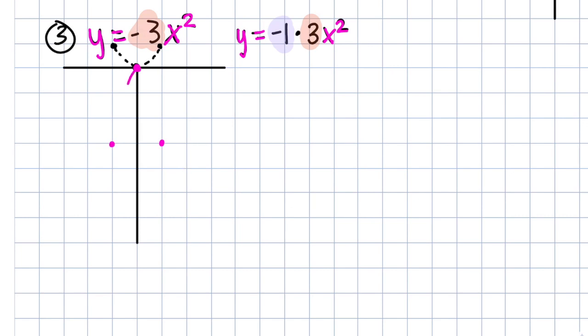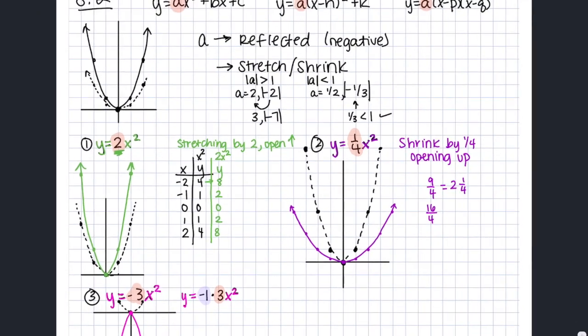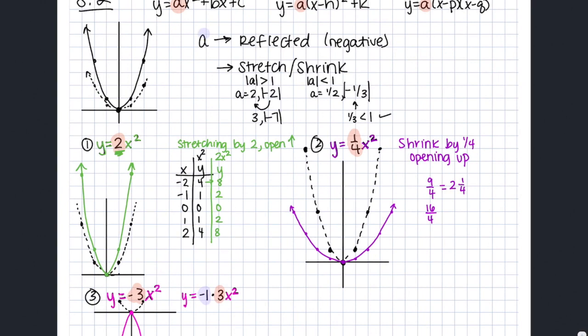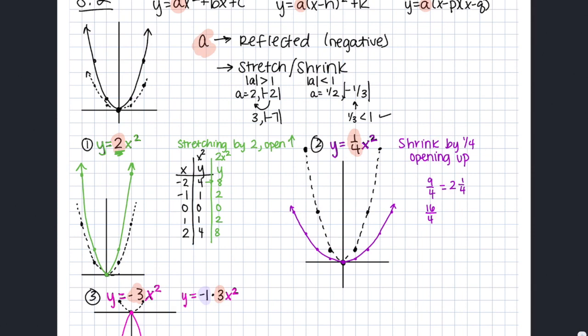So it would go down to negative 12. So I'm actually not going to do that, but I'm just going to draw my lines very steep so that it shows that's where it would go. All right, so those are the stretching and shrinking, and that is the impact that this letter A has on the graph, that leading coefficient, okay?